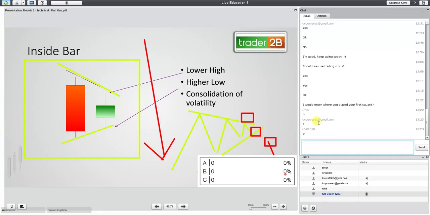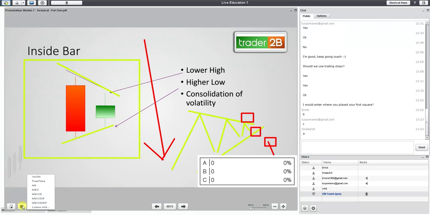B. Luke, are you changing to C? Oh no, Luke, you've always been in C. Okay. And Khaled says A. All right, guys.